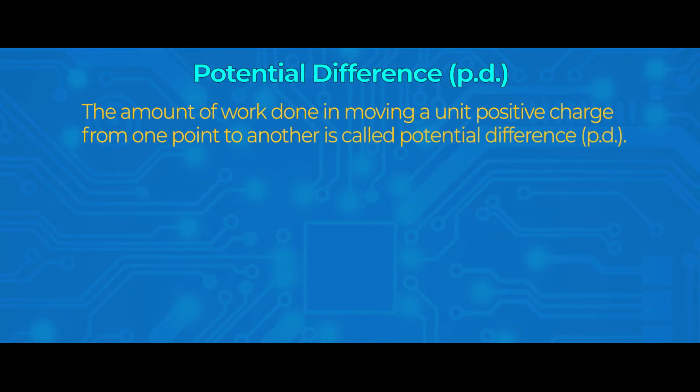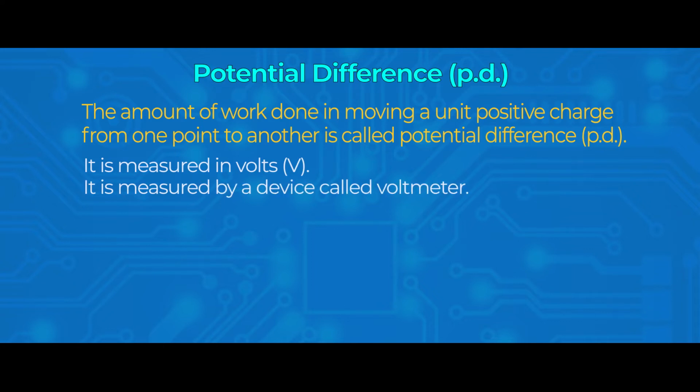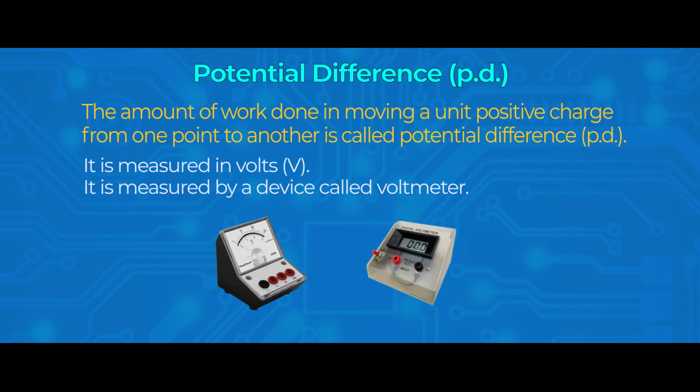Usually it is denoted by capital letter V, and it is measured in volts. The instrument which we use to measure potential difference is called a voltmeter. These days we have digital voltmeters. In olden days we used to have analog voltmeters. Now we can measure the potential difference between two points by using a digital voltmeter.